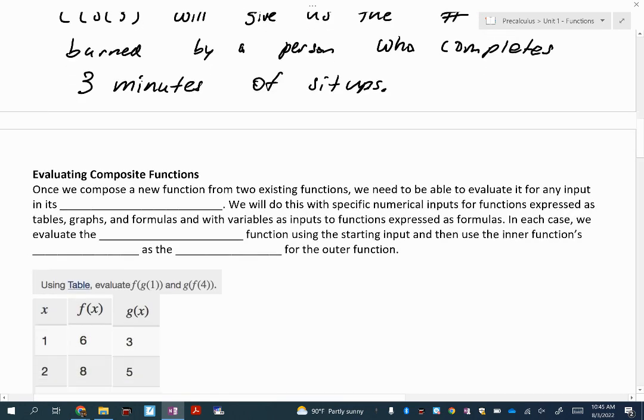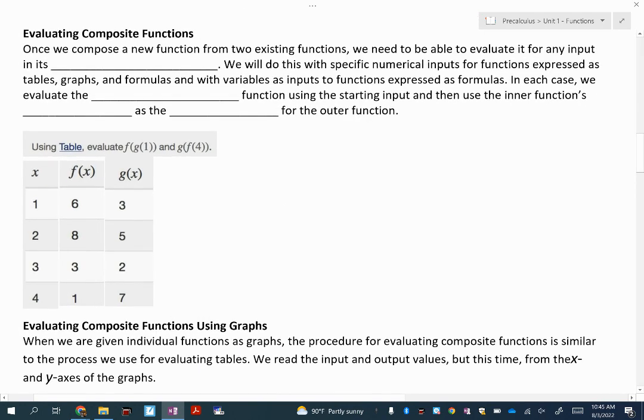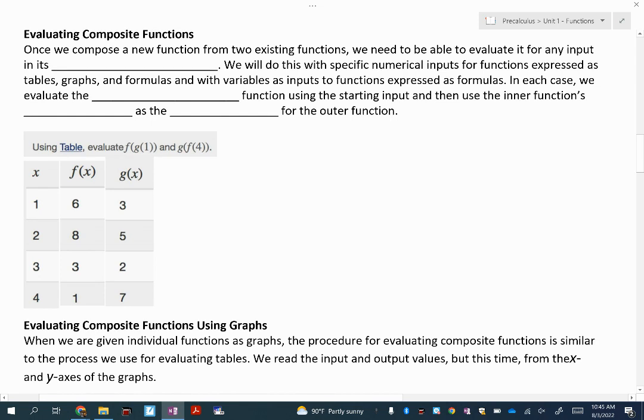All right, next page. We're going to do some work evaluating composite functions using a table, using a graph, and then getting into finding the domain of these composite functions. When we compose a new function, we need to be able to evaluate it for any input in its domain. We will do this by looking at tables, graphs, and formulas.